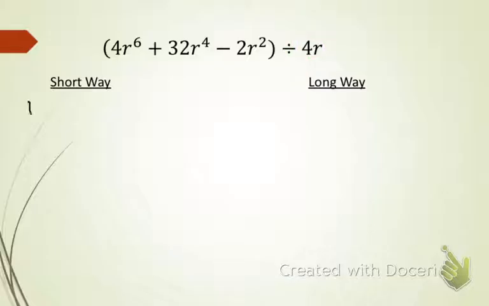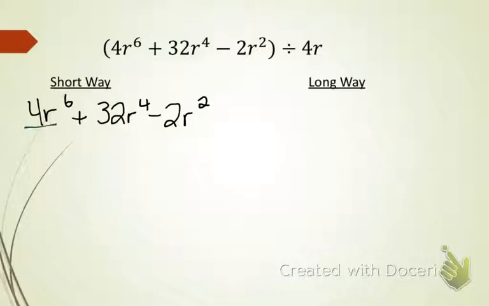So I'm going to rewrite what is inside of the parentheses, and of course we don't need the parentheses anymore. Every single thing is getting divided by 4r, so divide this by 4r, divide this by 4r, and divide this by 4r.